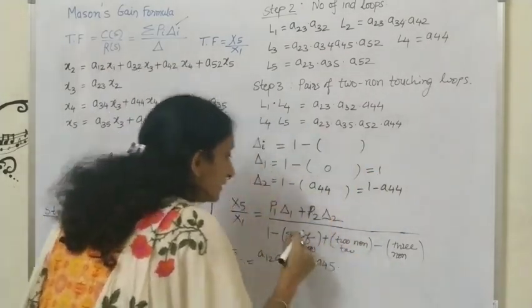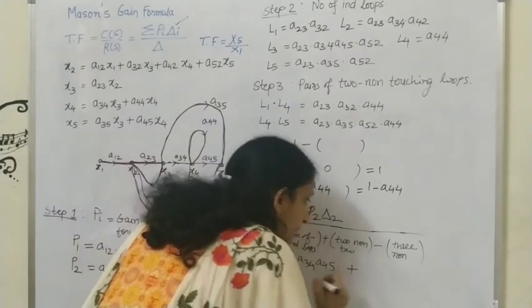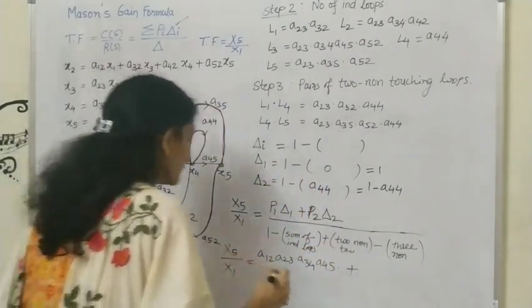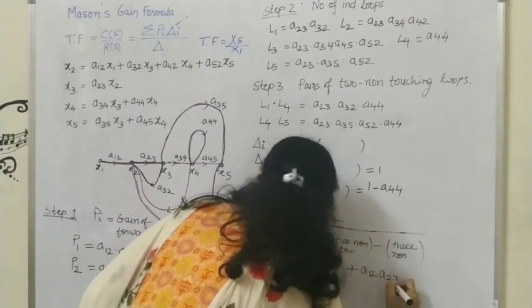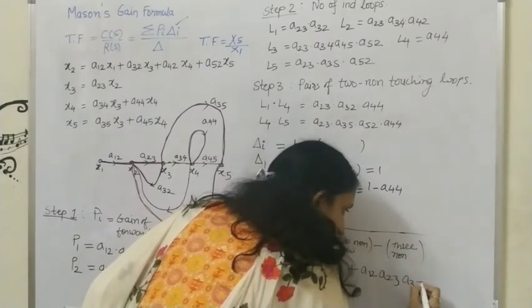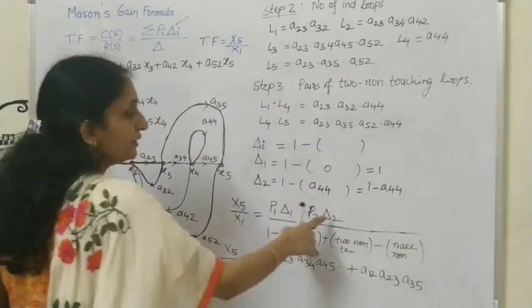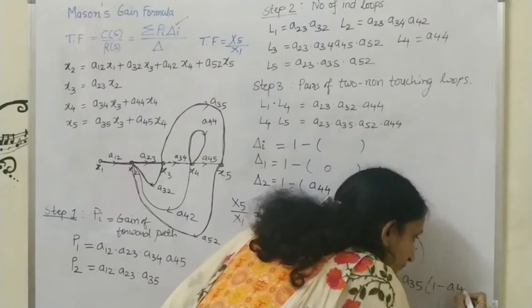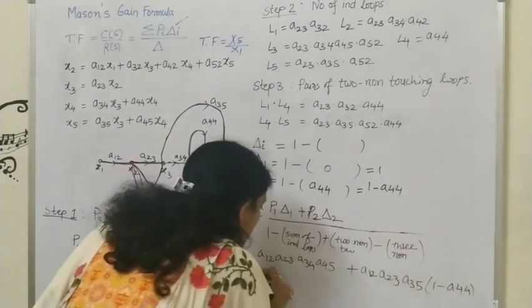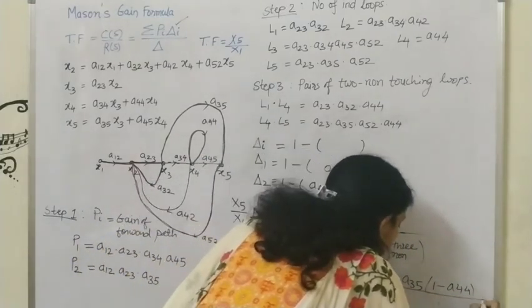Then plus P2, which is a12, a23, a35, into delta 2. So I will write in bracket 1 minus a44. Okay, so this is your numerator.